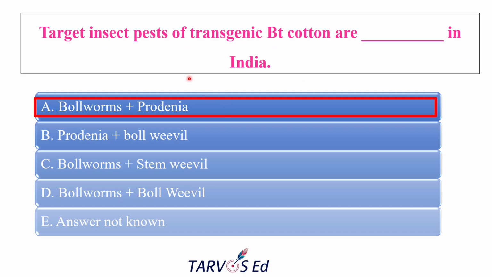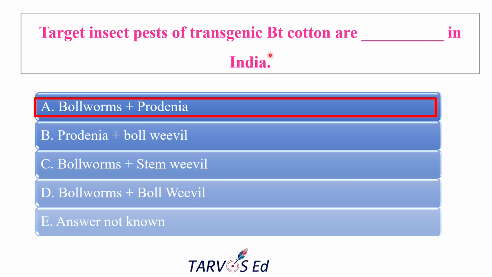Generally, what does Bt cotton target in India? Basically in India, it expressed Cry1Ac earlier, and later Cry1Ac and Cry2Ab were both present in Bt cotton, from Bacillus thuringiensis. These toxins are effective against Lepidopteran insects. You know how it is acting.